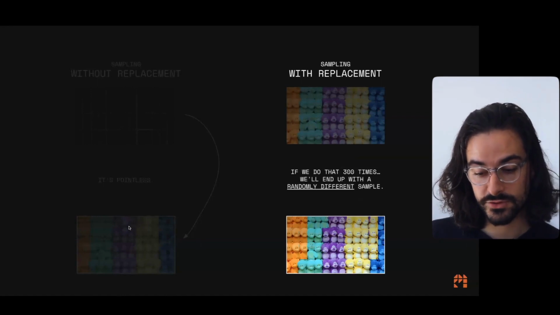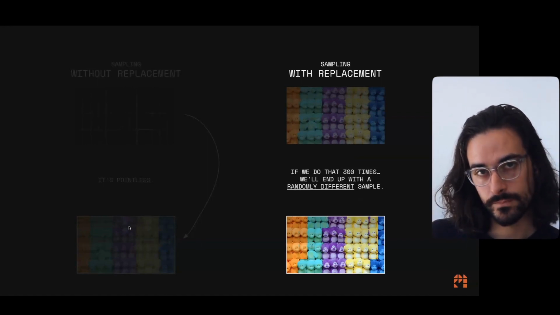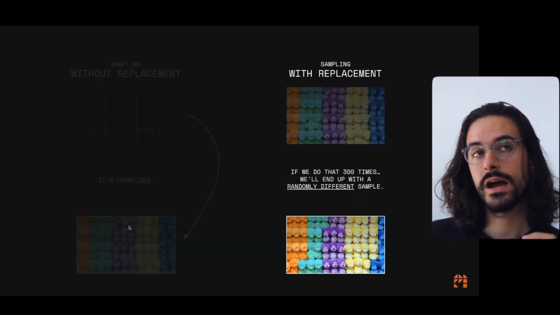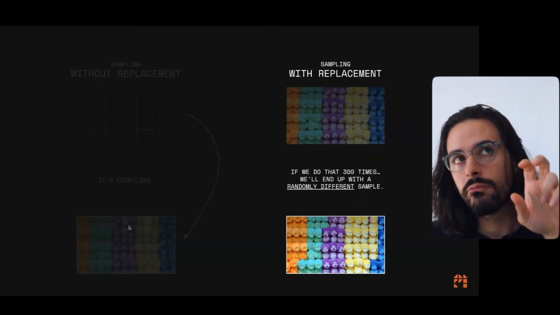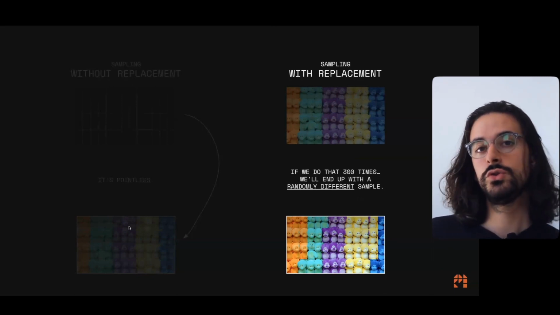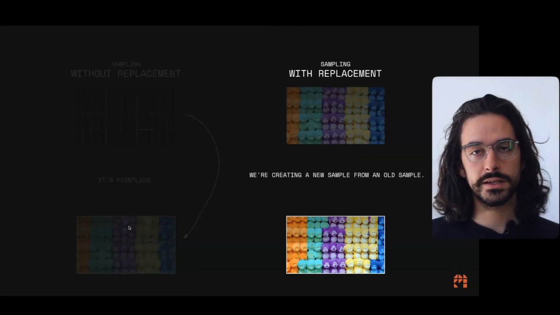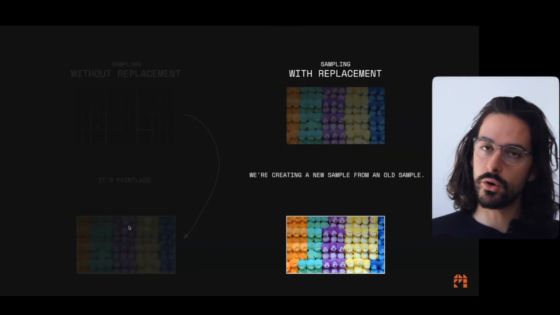If we do that 300 times, we're going to end up with a randomly different sample, because we're giving our sampling process a new chance to sample new teddy bears, a new teddy bear proportion. So we're basically creating a new sample from an old sample.